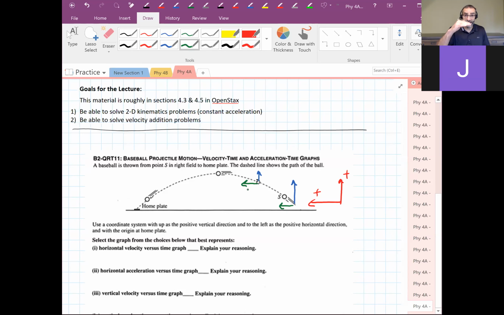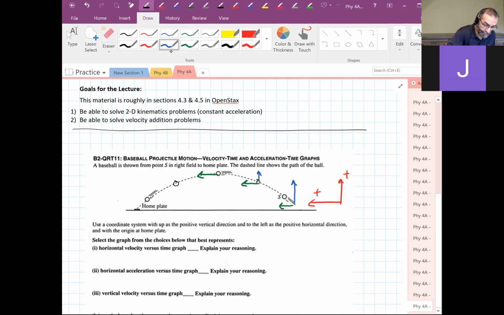A little bit later, it's at the top of its path. Its y velocity has gone to 0 at that point, right? And the x velocity has stayed exactly the same. Still has the exact same velocity in the x direction. Now it's starting to come down. It's over here somewhere, halfway down.